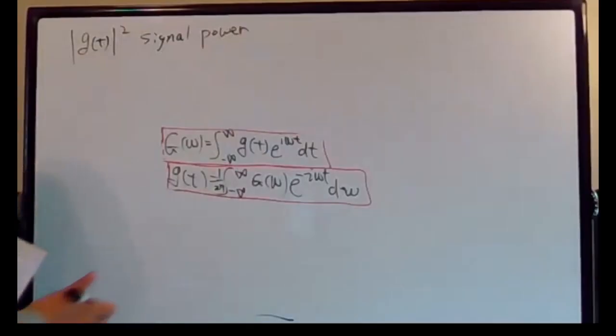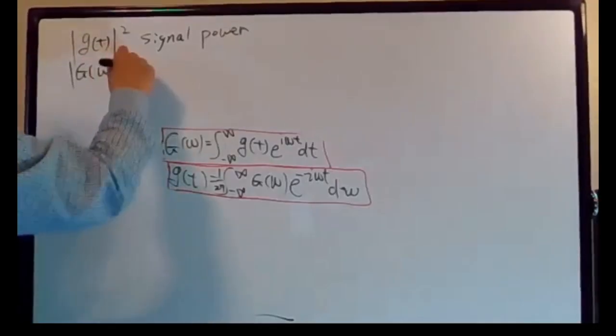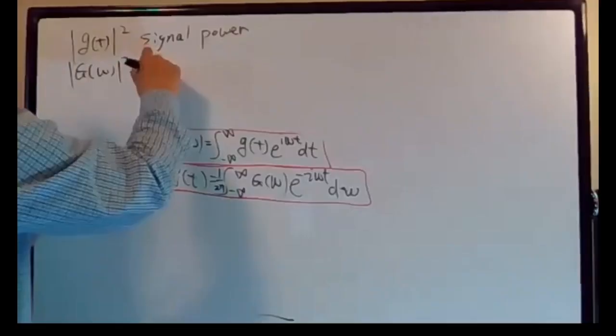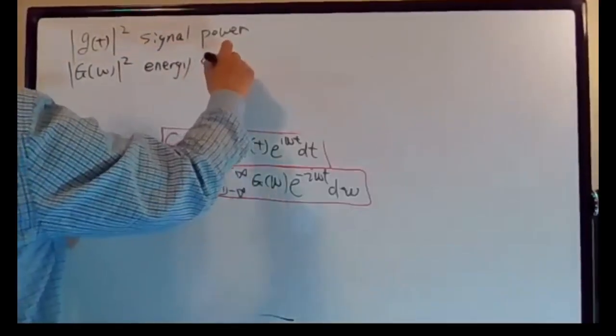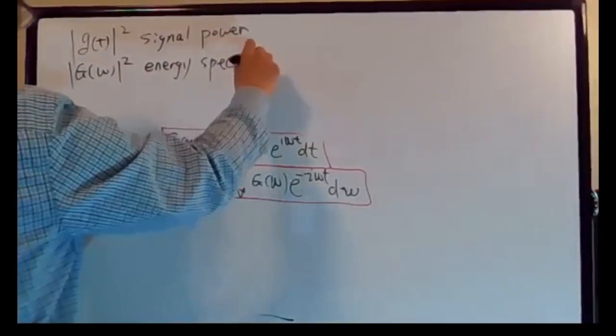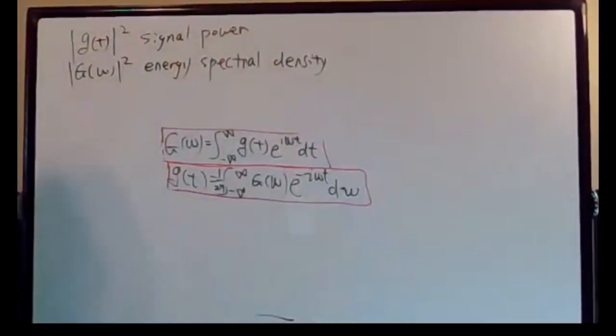And then we have capital G(omega) absolute value squared. This is called the energy spectral density. It's the energy in the frequency domain.